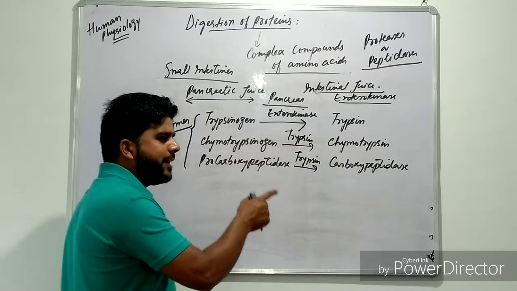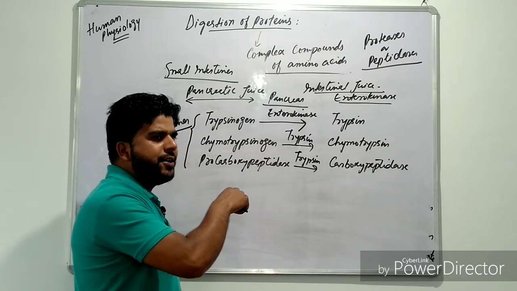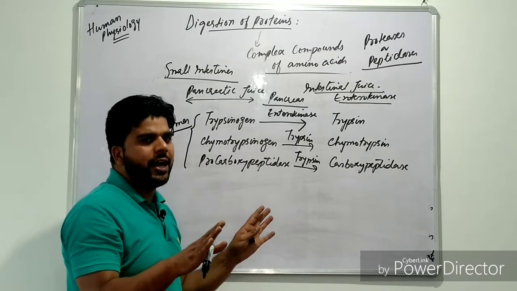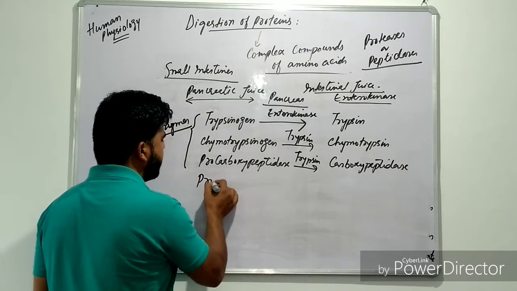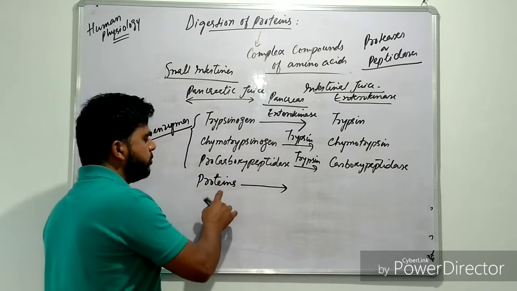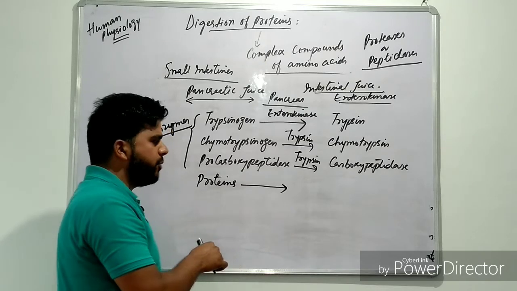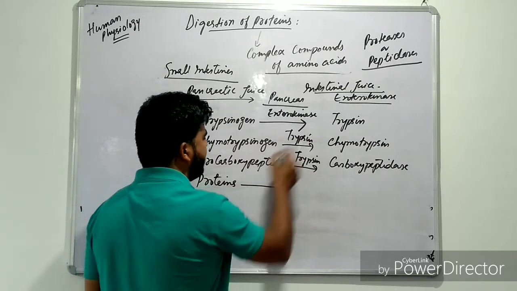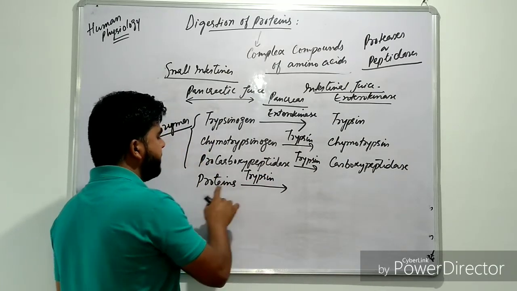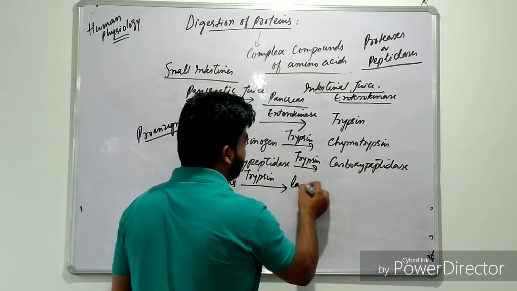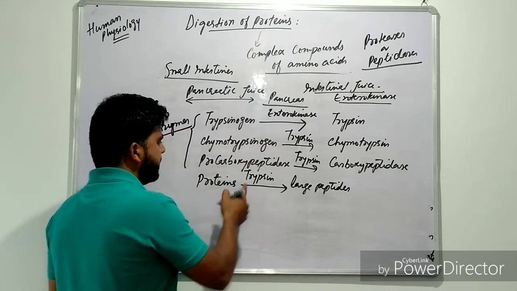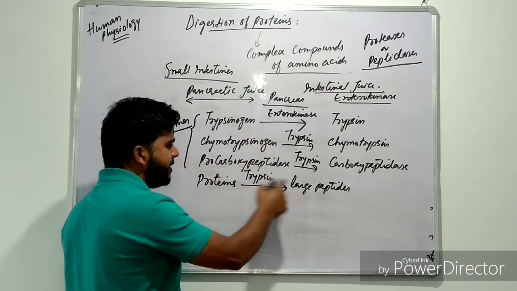So not all the proteins are converted in the stomach. There is a lot more still left which is not converted into large peptides. Those proteins will enter the small intestine. These proteins will be acted upon by trypsin, and trypsin will convert them into large peptides.